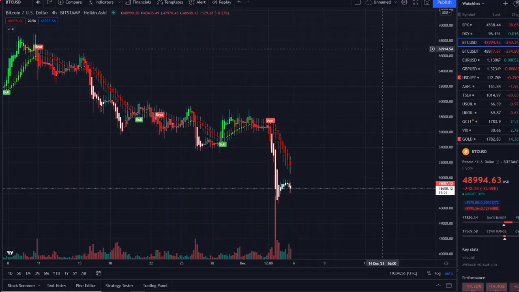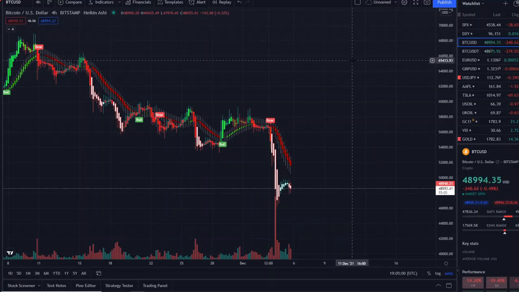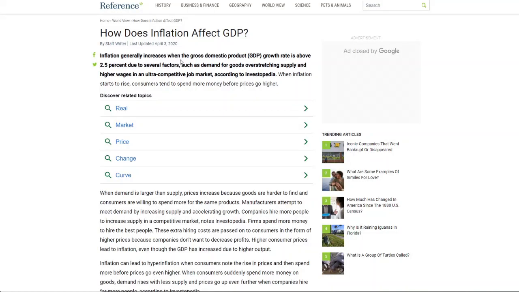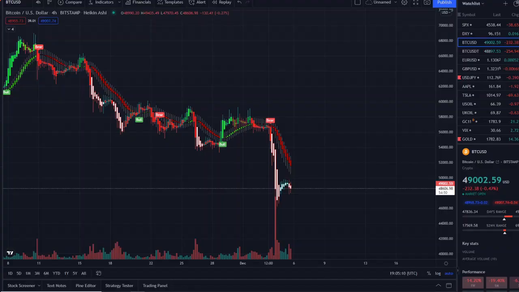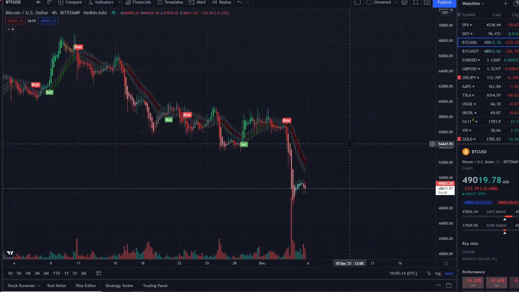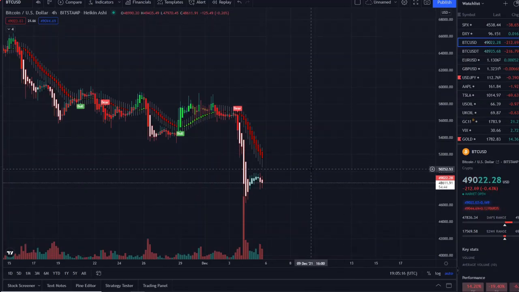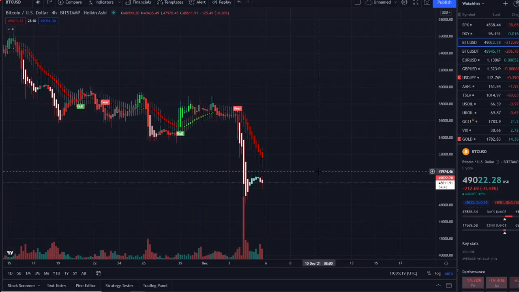But the long-term story is always going to get affected by world GDP, which then correlates to inflation. So as inflation increases, that means that GDP growth is accelerating. Now the issue is inflation is set to probably decelerate, and a lot of people are saying worst case scenario, we're going into a deflationary period, which is very interesting.